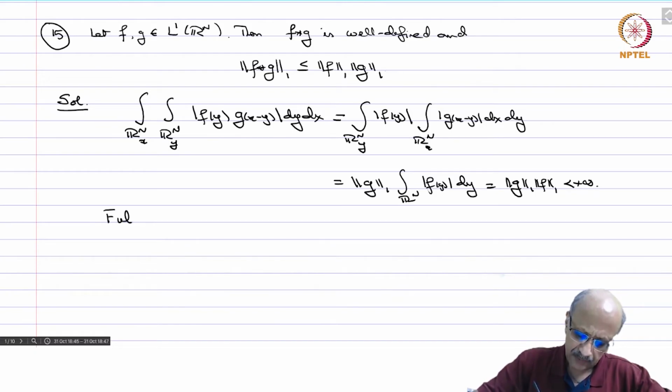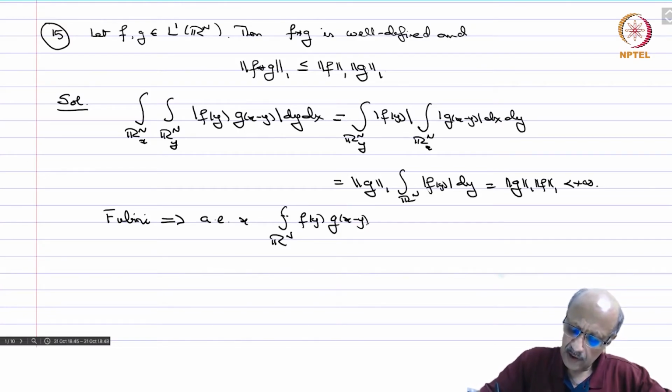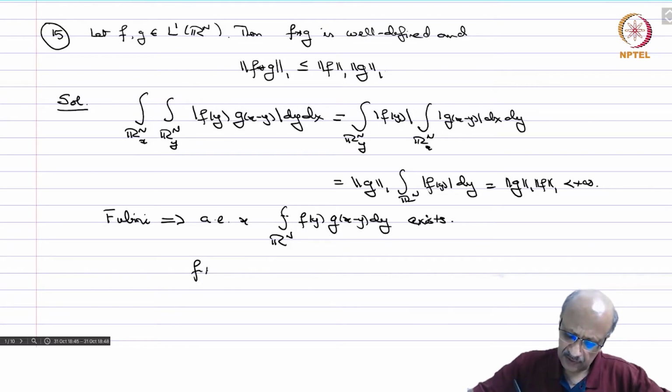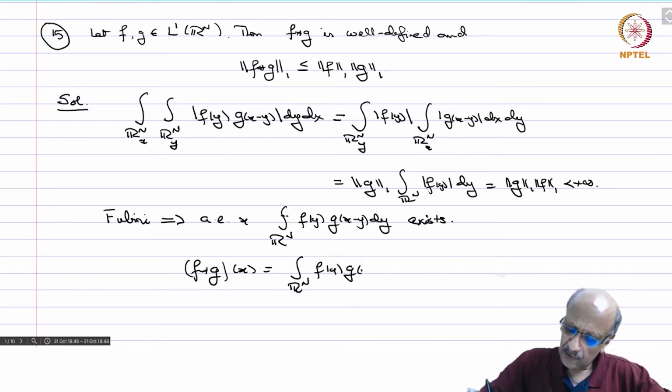Therefore by Fubini's theorem, for almost every x, the integral over R^n of f(y) g(x minus y) dy exists, and therefore for almost every x, f star g of x equals the integral over R^n of f(y) g(x minus y) dy is defined almost everywhere.